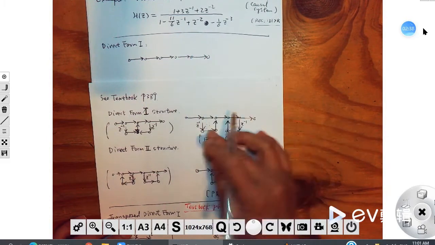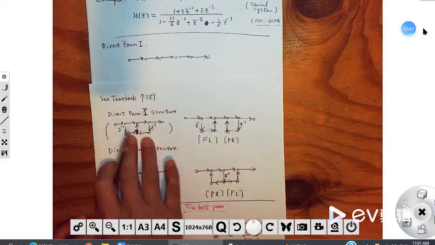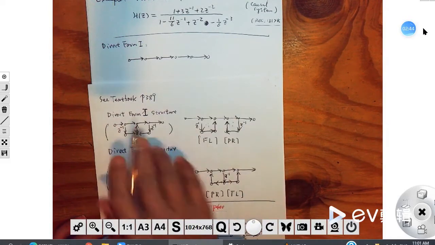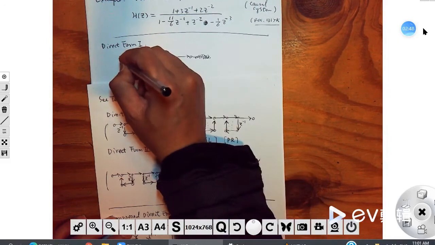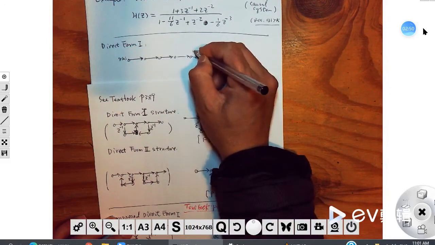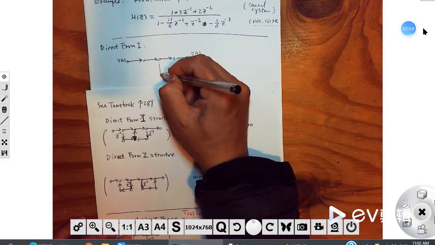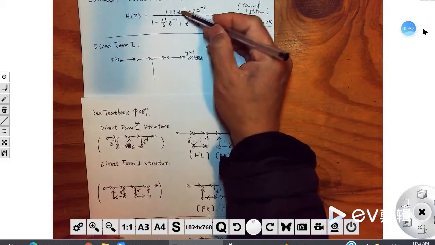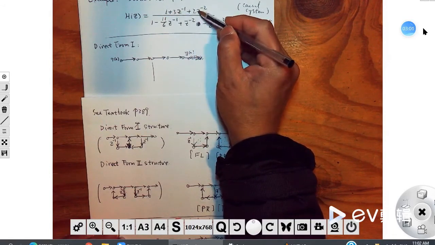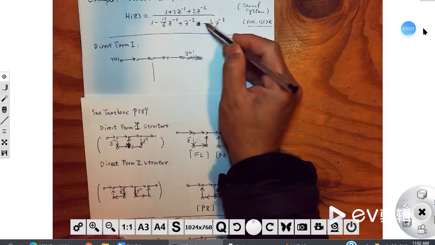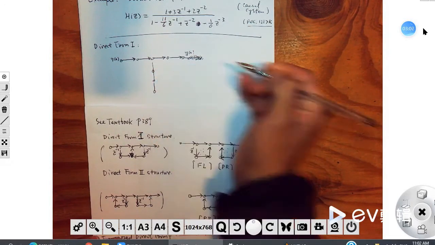If you want to use this one, it is also fine. Either one works. Let me use the middle one. So this side is x, this side is y, and in the middle we have the numerator with 2 delays, and the denominator with 3 delays. So in total, we actually need 3 delays.